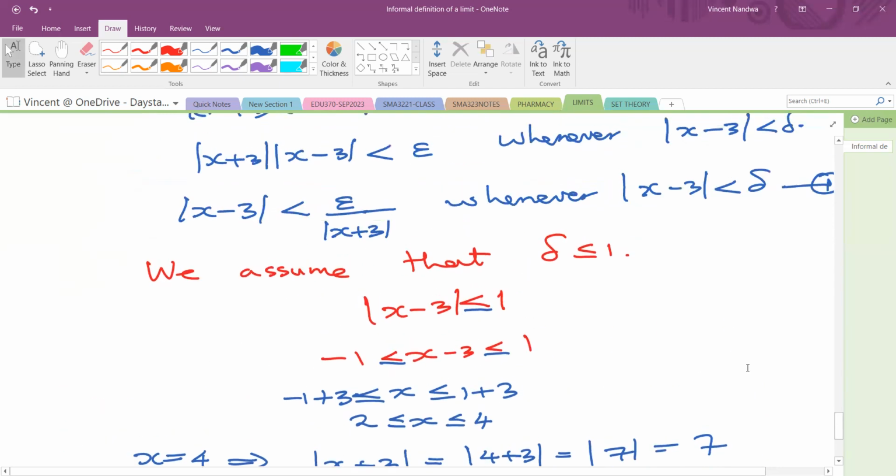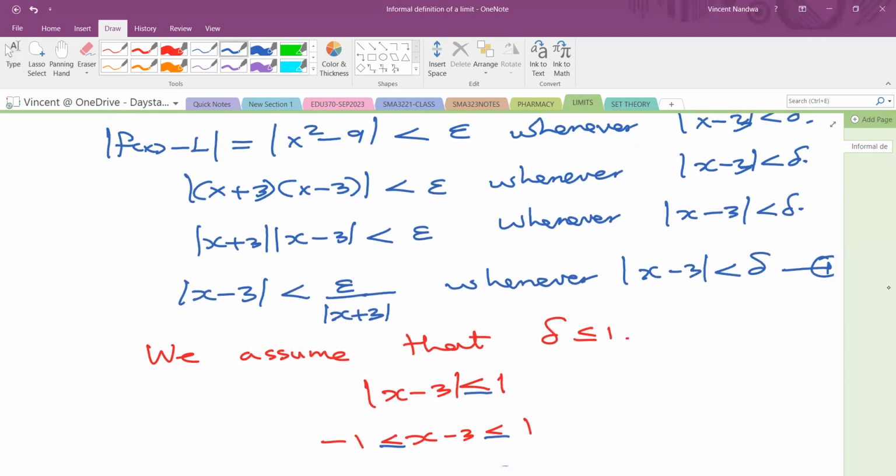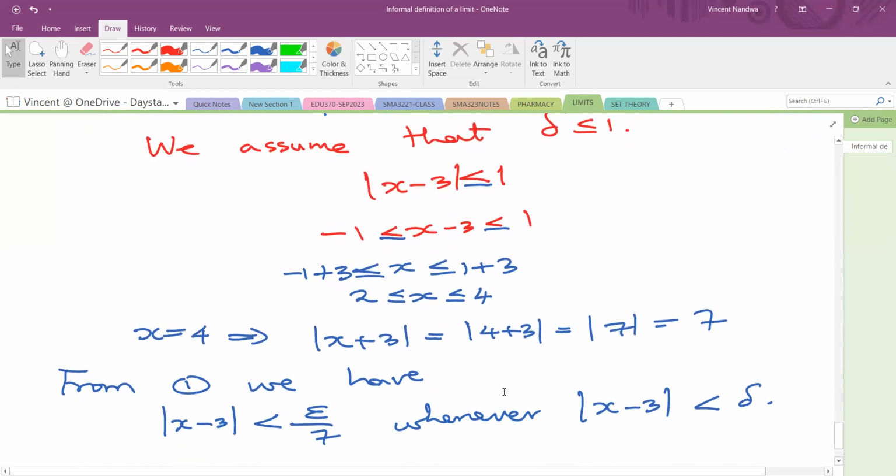I'm just duplicating this statement. The only difference is that now I'm rewriting this denominator using number 7, which was obtained from this computation.